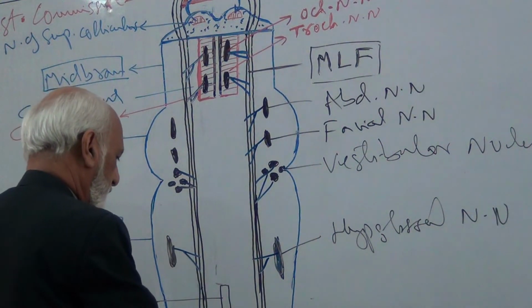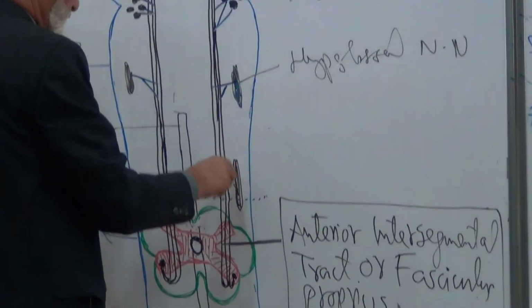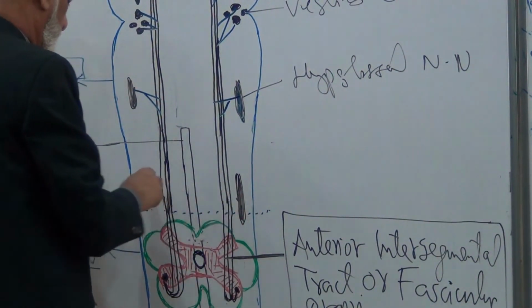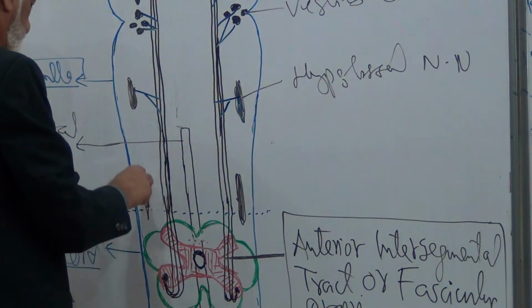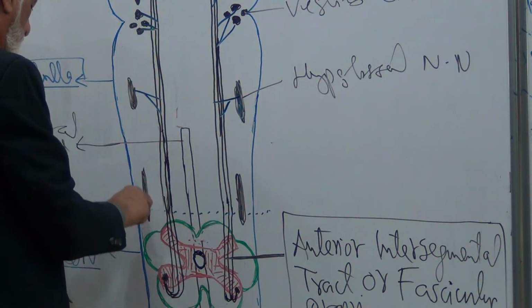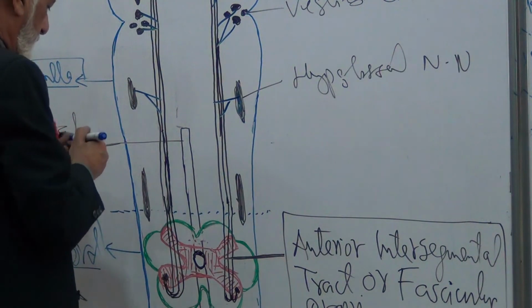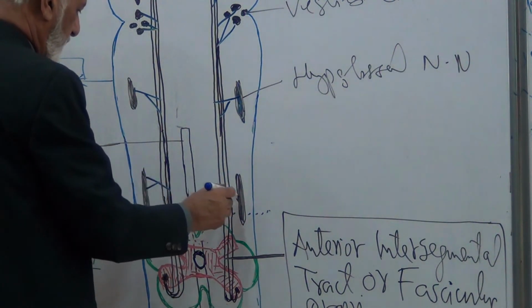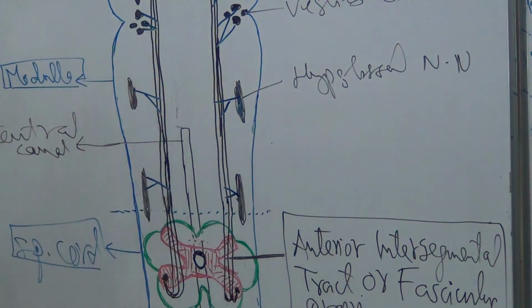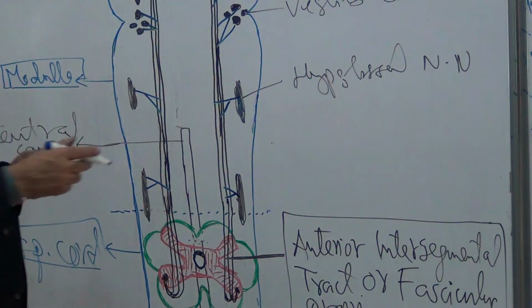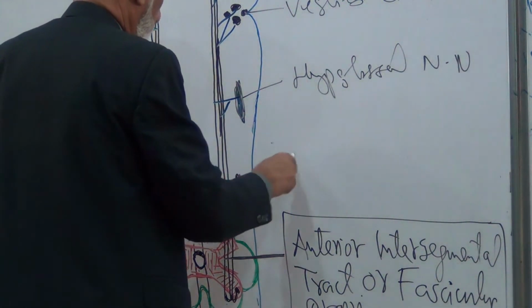Then the accessory nerve nucleus, cranial part and spinal part, also contribute fibers, which supplies some of the major neck muscles of the body.